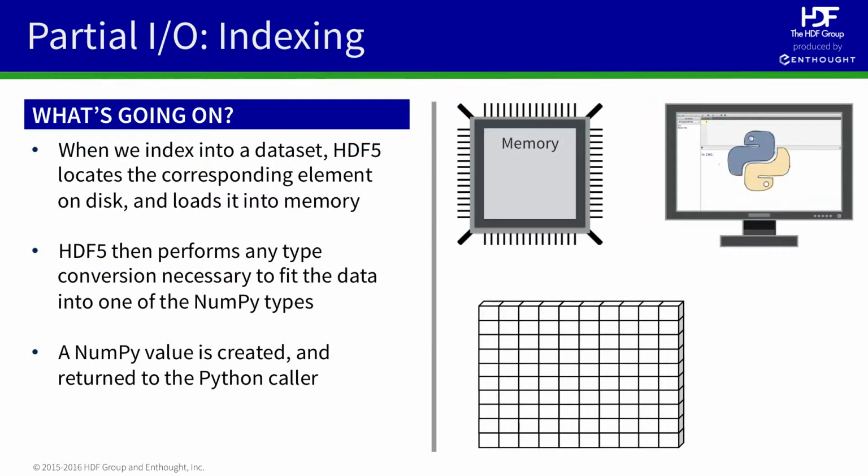So what's going on? Well, when we apply NumPy indexing to our dataset object, HDF5 is figuring out where that element lives on disk, then loading it into memory, then performing any type conversion required to adapt that data into one of the NumPy types, and finally returning it to NumPy.